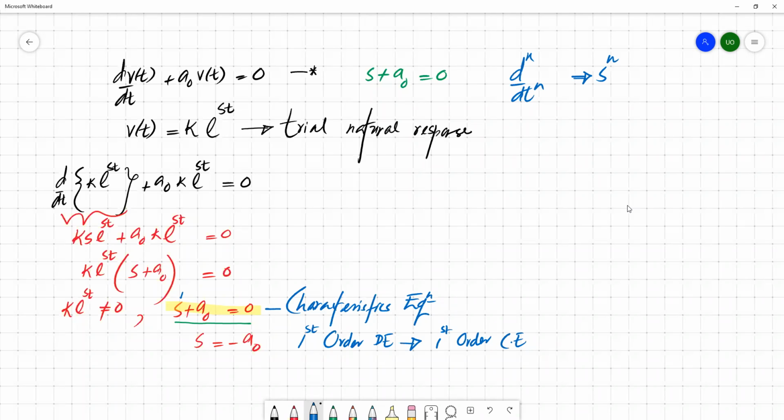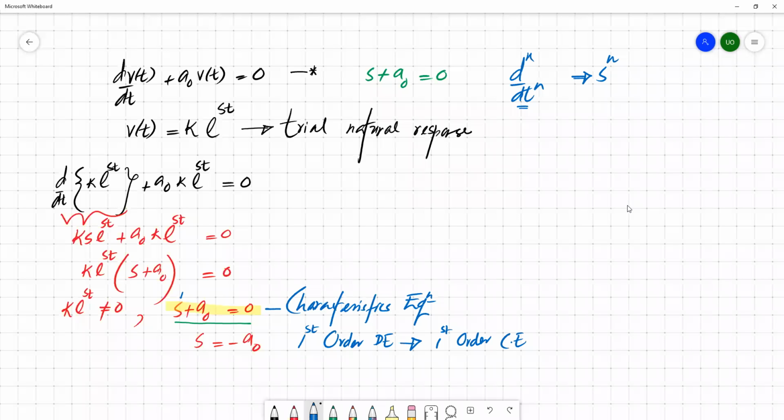If you replace the nth order derivative with s to the power n, you can immediately get the corresponding characteristic equation for this differential equation.